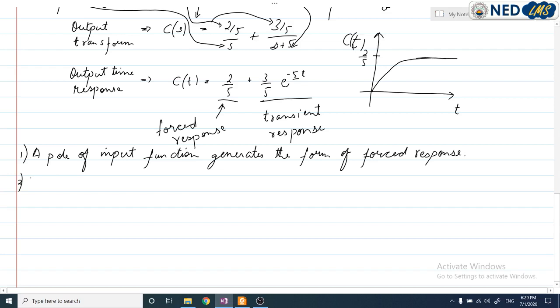And a pole of the transfer function generates the form of the natural response.